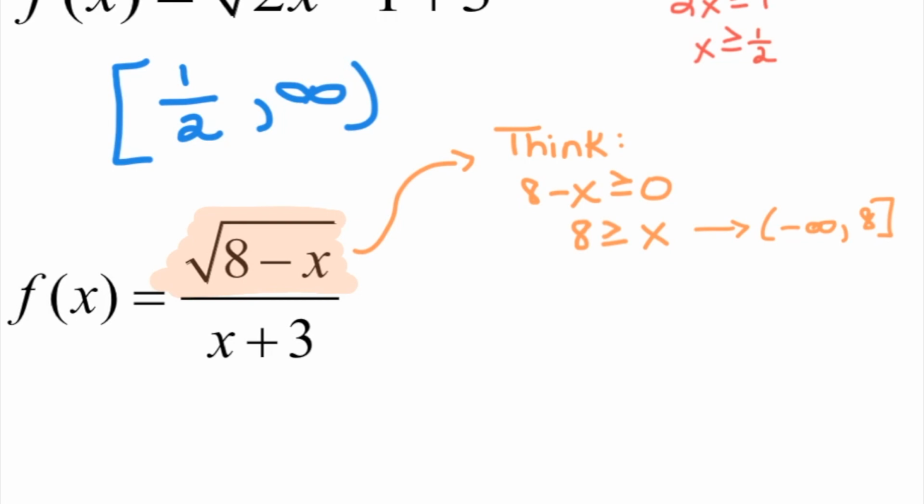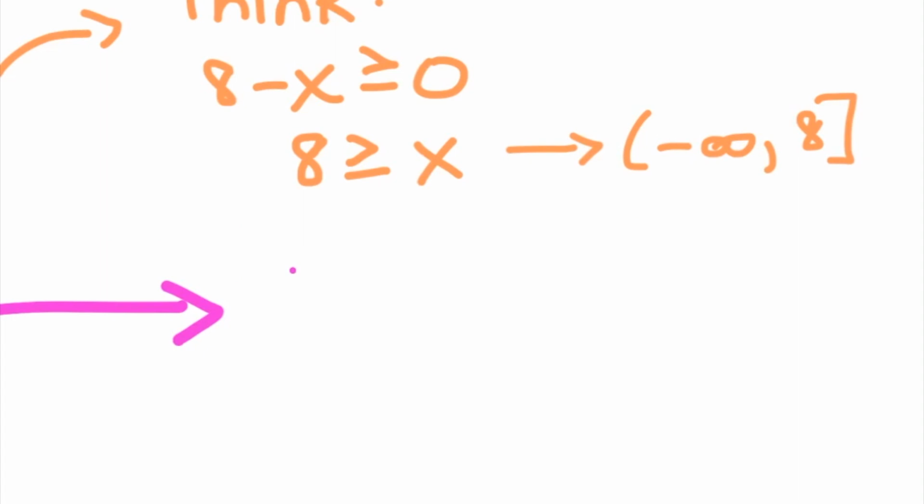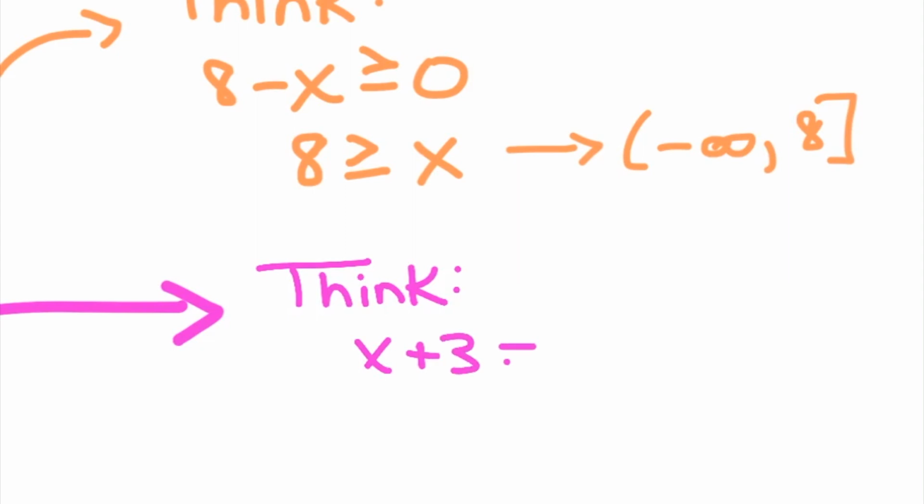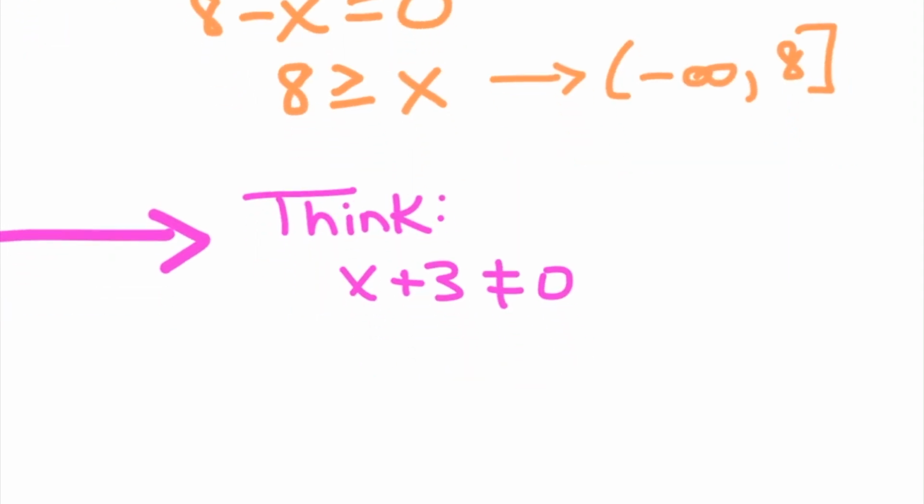But you also have to consider that you've got the denominator, and the denominator can't equal 0. So here you are thinking that x plus 3 cannot equal 0, and therefore x cannot equal negative 3.